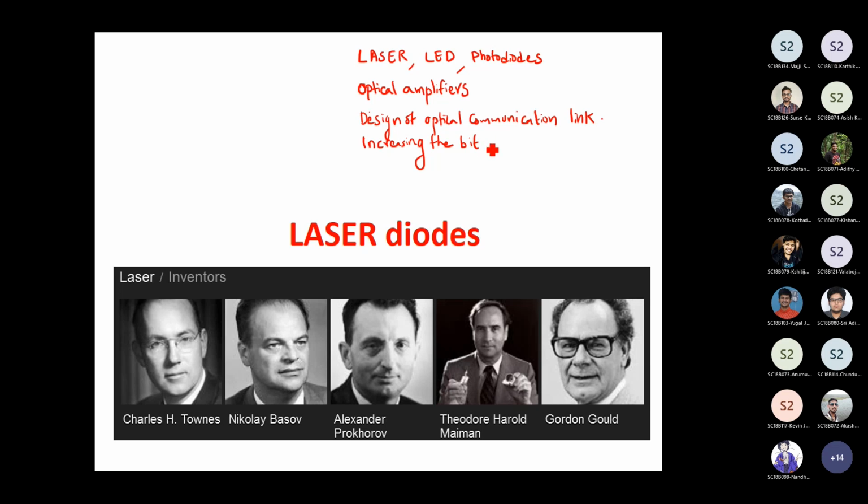You also call it multiplexing. So we'll discuss a multiplexing scheme called WDM, which stands for wavelength division multiplexing. This is a unique multiplexing system that is used in optical communication systems.